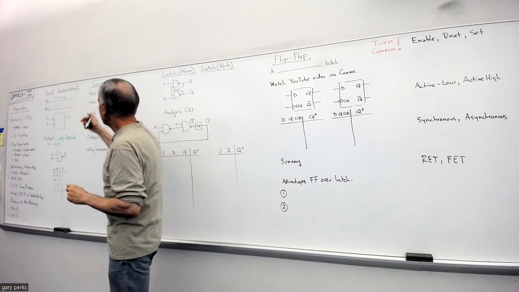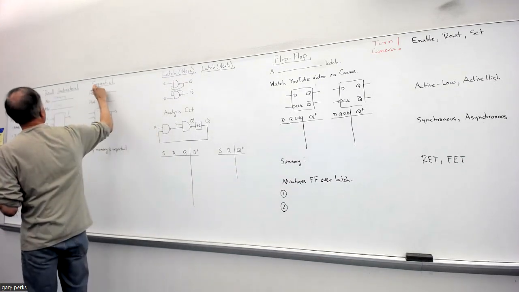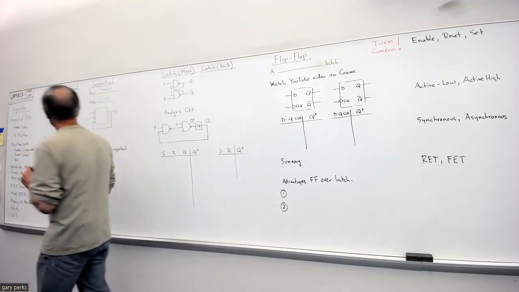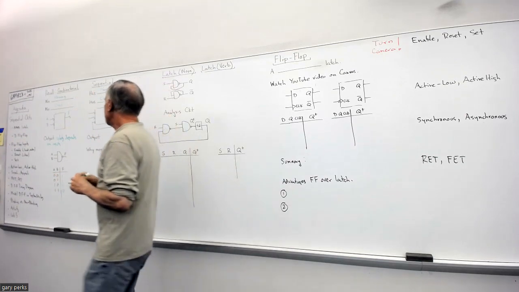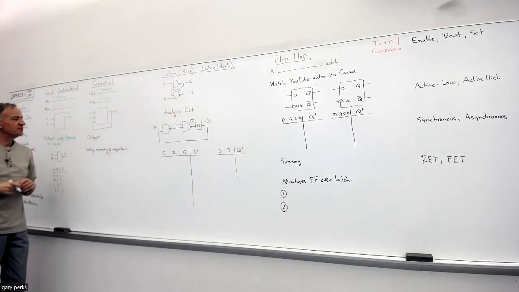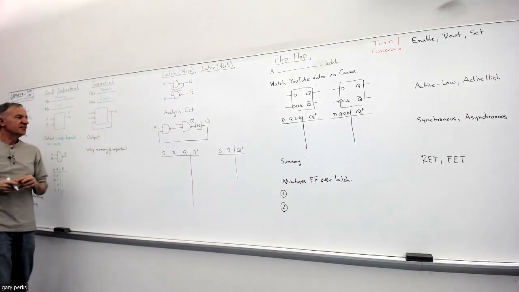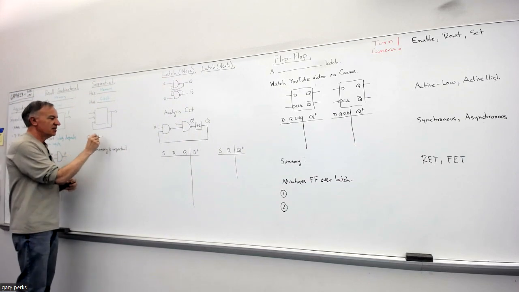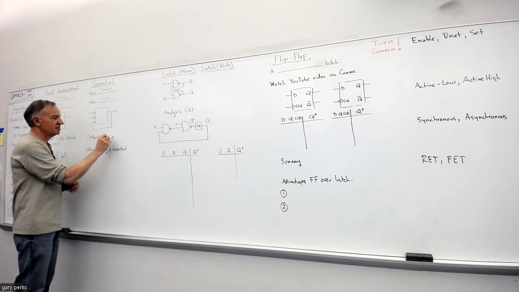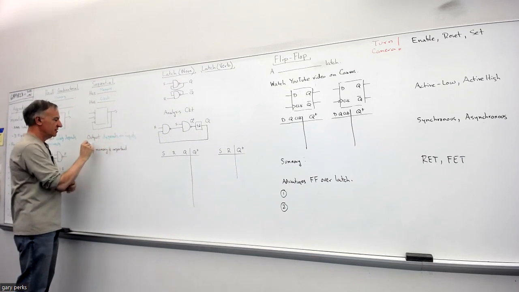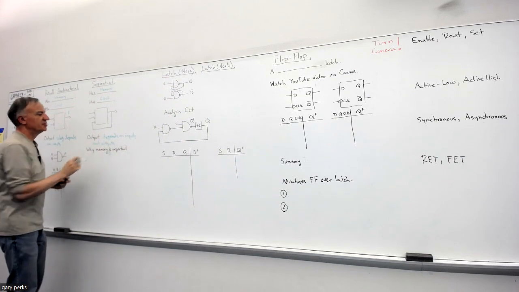Well, sequential circuits do have memory, and they do require a clock signal. Also, and this is a key difference between sequential and combinational, the output of a sequential circuit depends on inputs and outputs. That's the big difference, right?